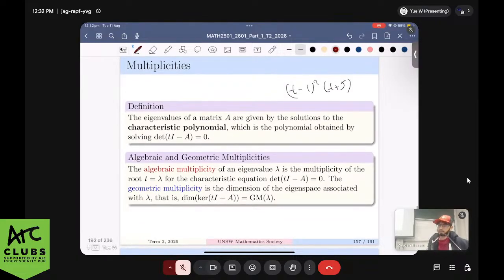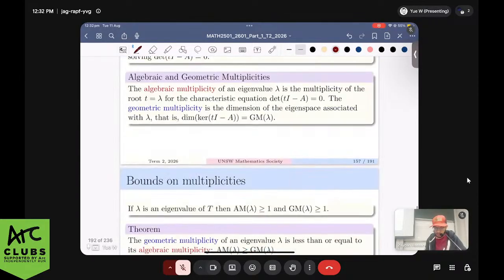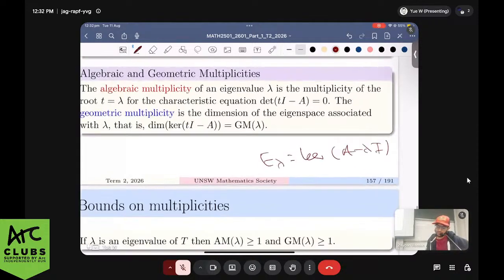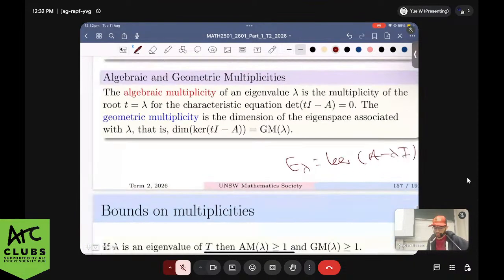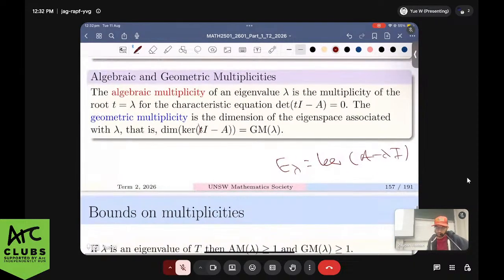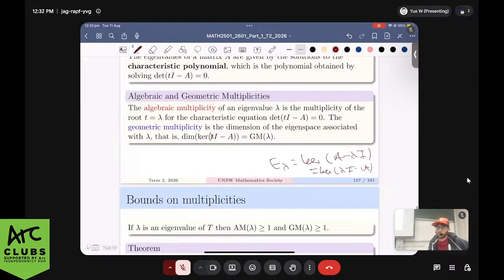Geometric multiplicity is the dimension of the eigenspace. Have I defined eigenspace? Well, E lambda, the eigenspace, is the kernel of A minus lambda I. This should technically be lambda I minus A, same as the kernel of lambda I minus A. But this is actually just the set of all eigenvectors, also including 0, because a kernel is a subspace, so it will contain 0.